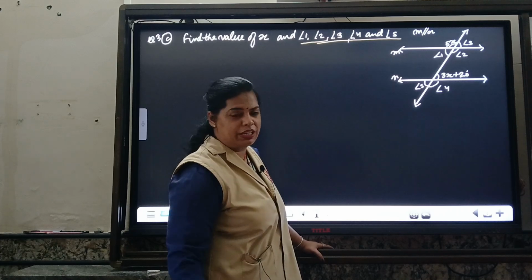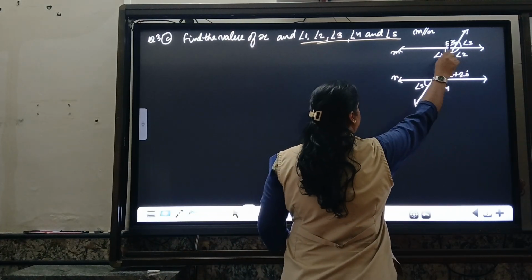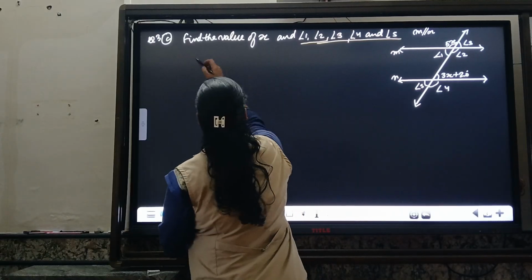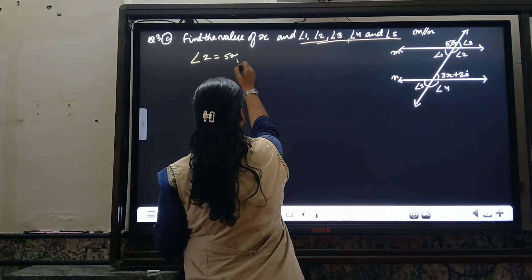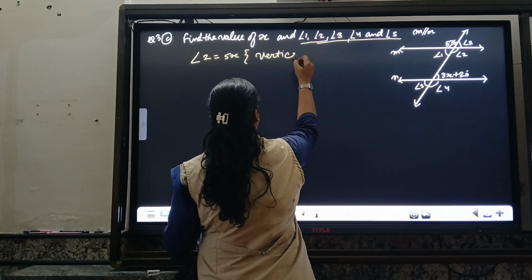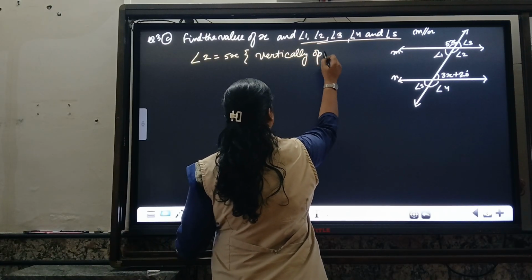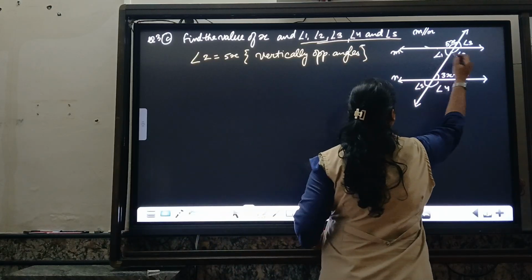But one thing which we can easily tell is that the value of angle 2 will be 5x. So we will write angle 2 is equal to 5x. Reason: vertically opposite angles, they are forming a cross. You can see there is a cross.